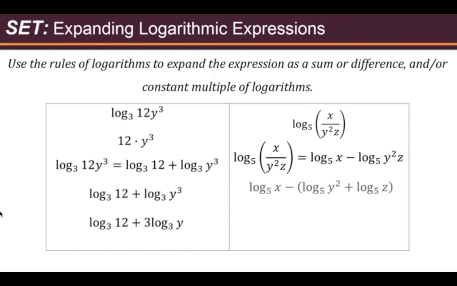So, log base 5 of x minus the quantity log base 5 of y squared plus log base 5 of z, which is equal to log base 5 of x minus log base 5 of y squared minus log base 5 of z. Last, we use the log of a power rule on the second logarithm. So log base 5 of x minus 2 times log base 5 of y minus log base 5 of z.